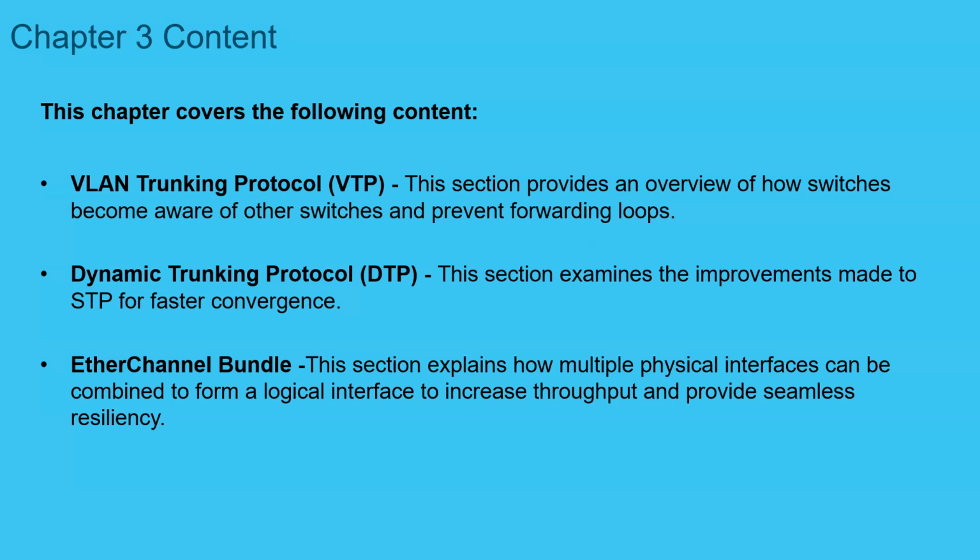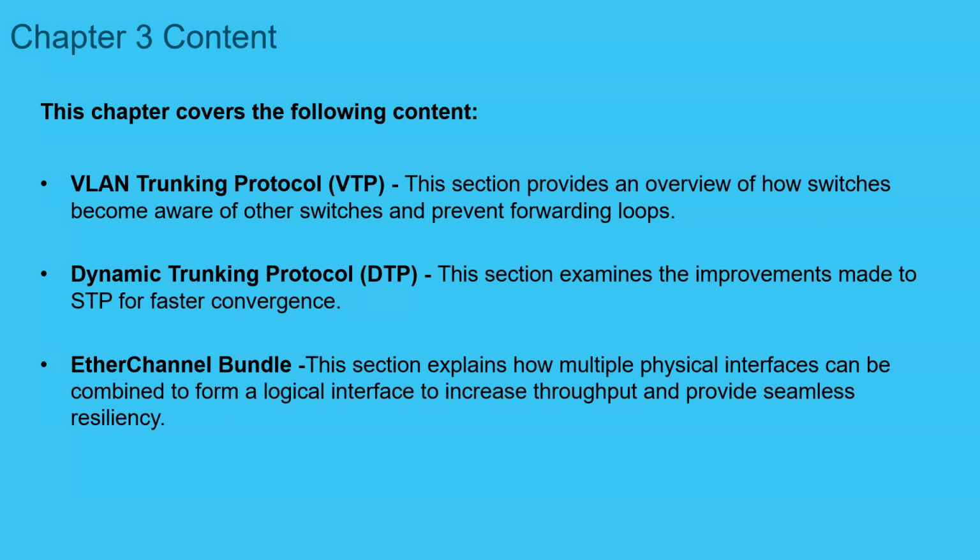So we may have VTP in client server mode. Switches which are servers have the authority to create, edit, and store the VLAN information, and the clients can receive those VLAN revision updates and update their VLAN database accordingly.